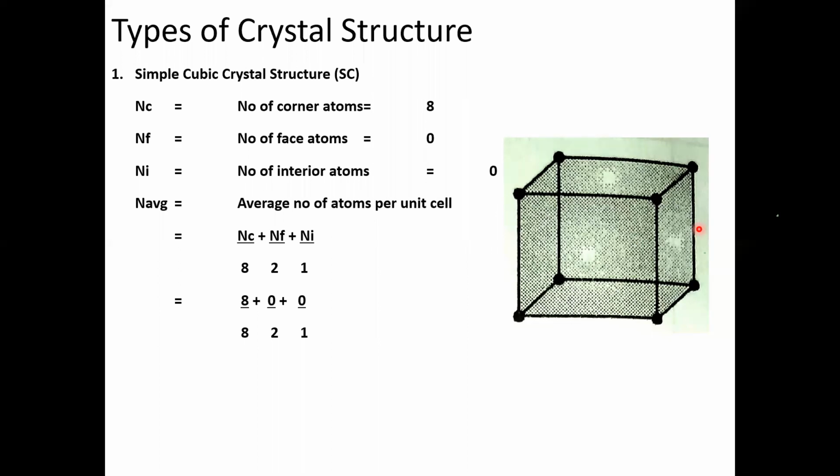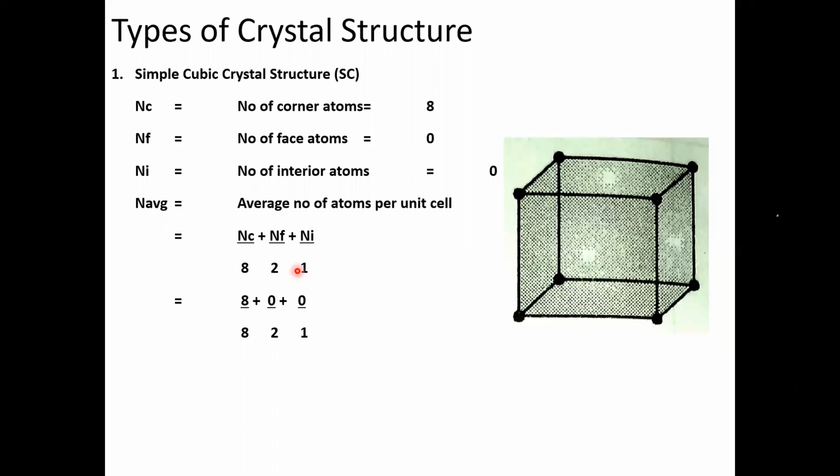So that is the meaning of this 8, 2 and 1 in the denominator. So it is Nc by 8 plus Nf by 2 and Ni by 1. Do you understand why 8 is there, why 2 is there, and why 1 is there?